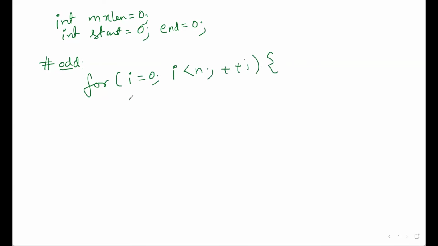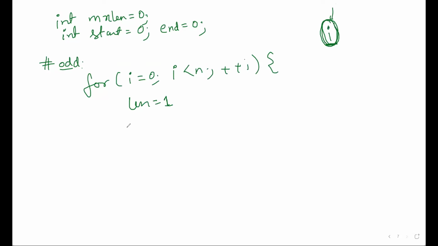So now your length will always start from 1 because you are considering element present at index I, or you are just saying this index I is midpoint of your palindromic substring. So if you have only one character in a string, it is a palindrome. Okay. So eventually length will be 1.